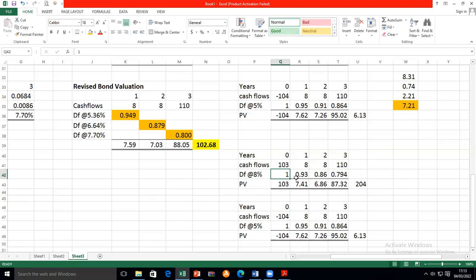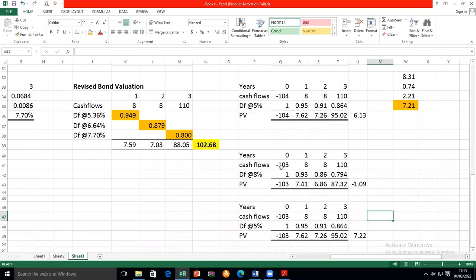102.68 minus. Here again, everything remains the same.